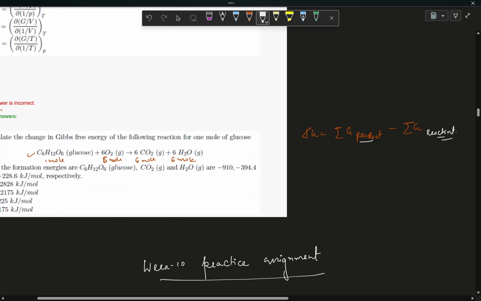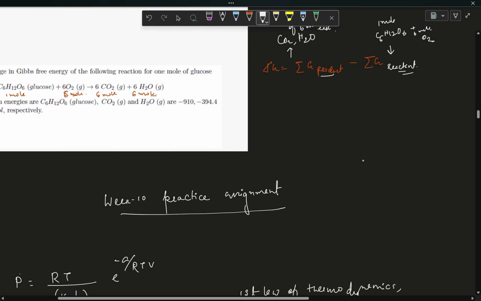In this case, your final products are two products, CO2 and H2O, both in gaseous forms, both of 6 moles. And the initial reactants were glucose itself, C6H12O6, which is 1 mole, and 6 moles of oxygen.